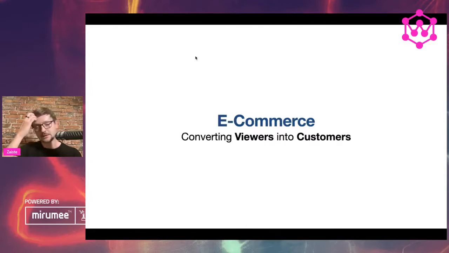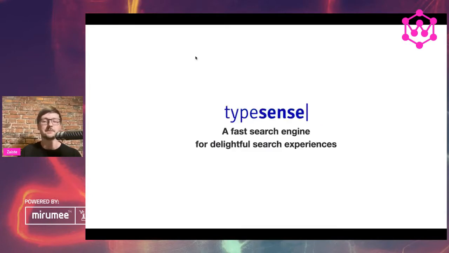And this is especially true for e-commerce, because if viewers of your shop find a product fast, it's probable that they will also buy it. So it's about converting viewers into customers.